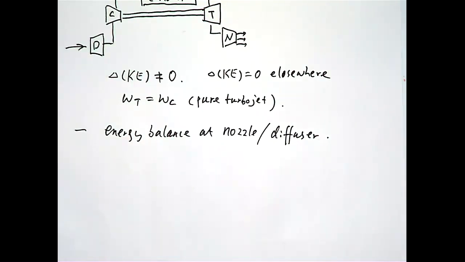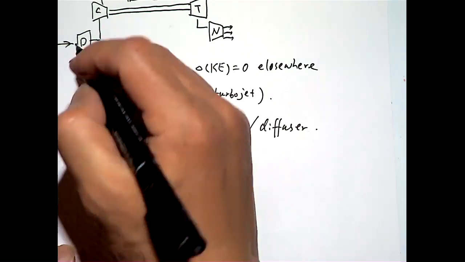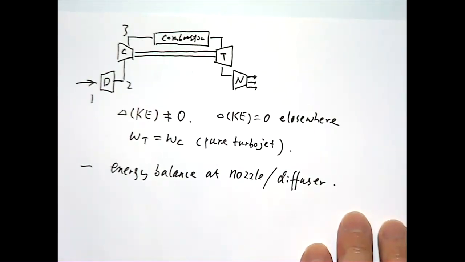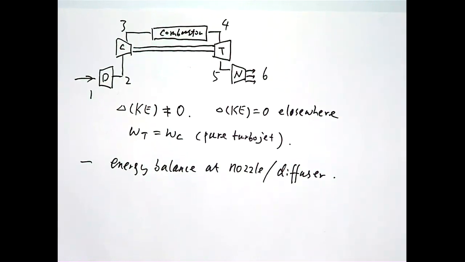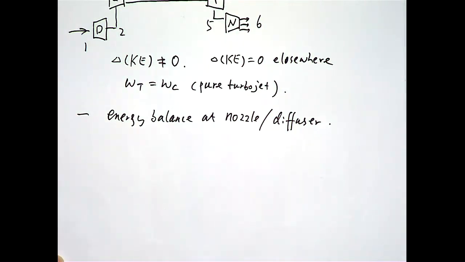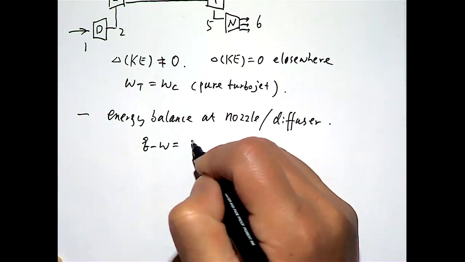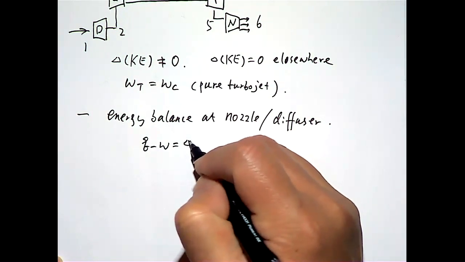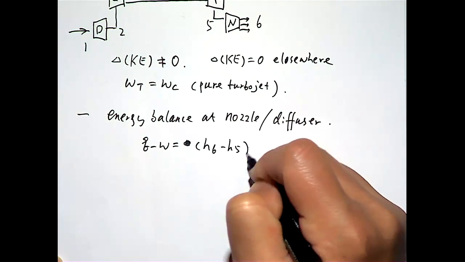All right. So across the nozzle, if we call these states 1, 2, 3, 4, 5, and 6, and apply the energy balance, which is the first law, to the process, we have Q minus work equals delta H, or H6 minus H5.